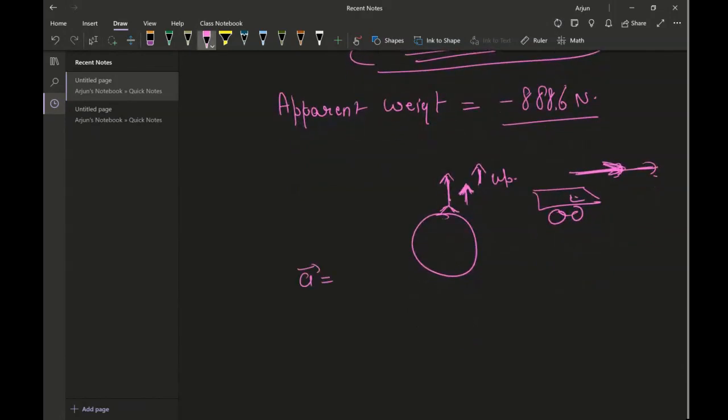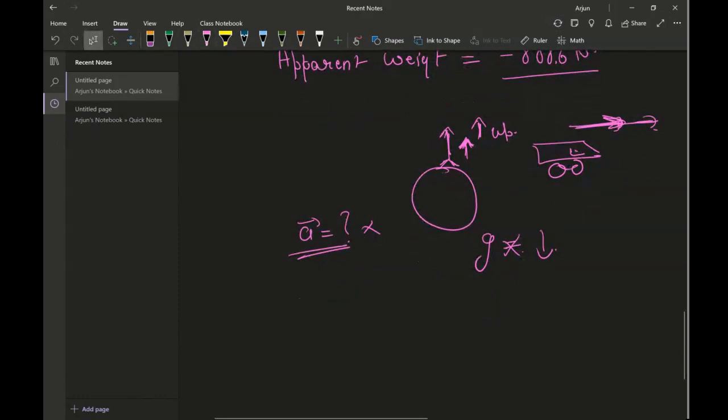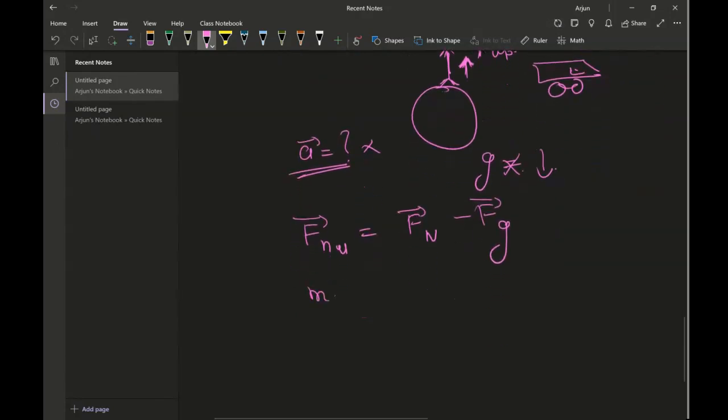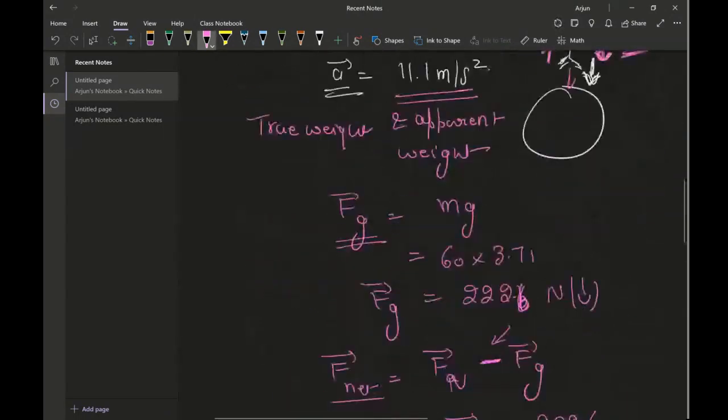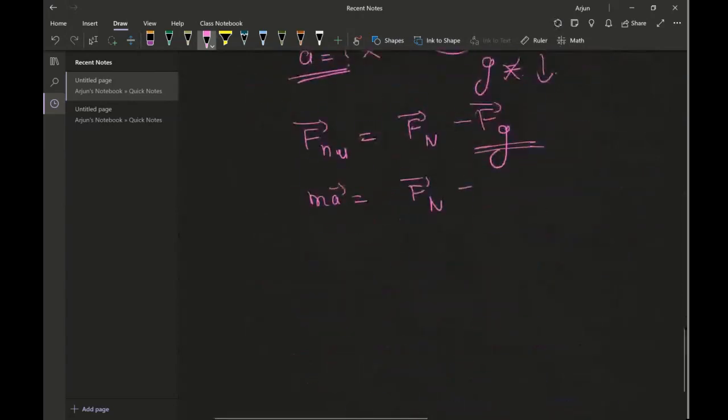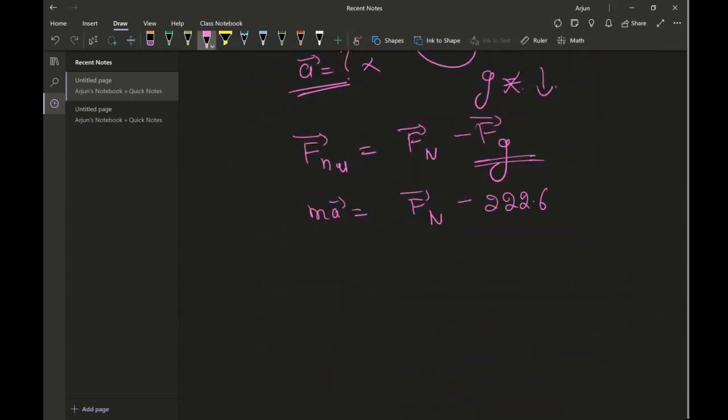When I'm saying acceleration, I'm talking about a, not the acceleration due to gravity, g, which is always down. So Fnet is equal to Fn plus minus Fg. I'm going to use the minus because Fg is always down. So ma equals Fn minus the weight, which does not change, 222.6.